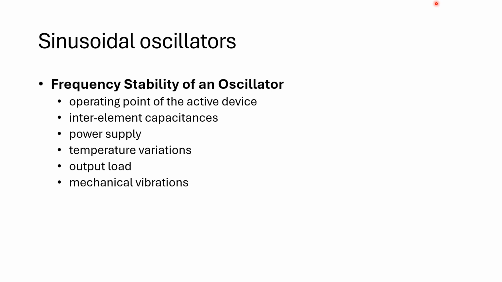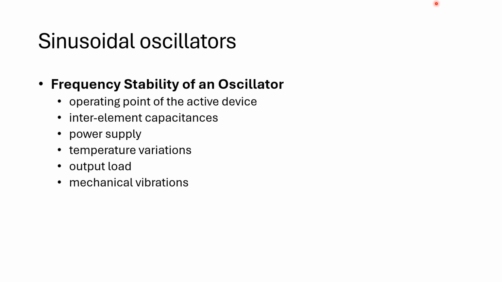Not only that, it also has an effect on the passive elements, particularly the resistors, capacitors, and inductors used in our circuit. Next, output load. What do we mean by output load? It may cause a change in Q factor.